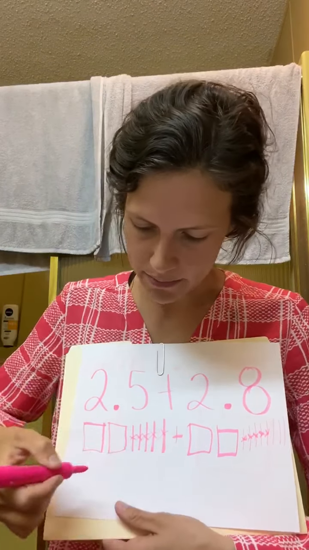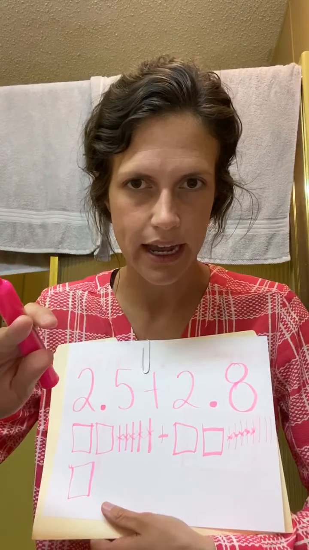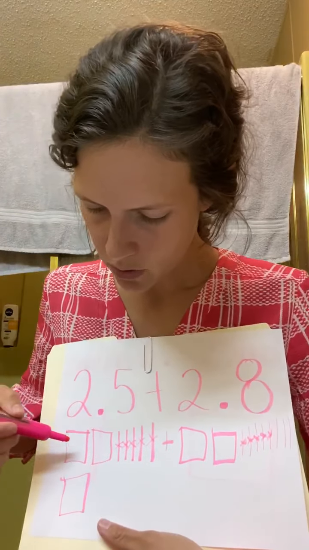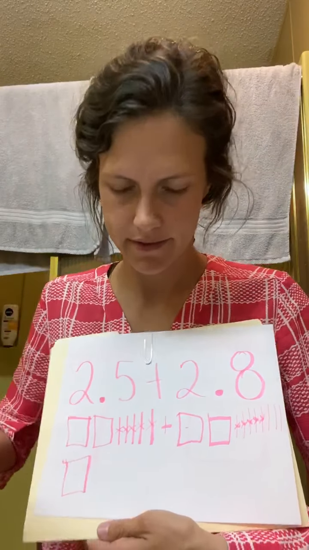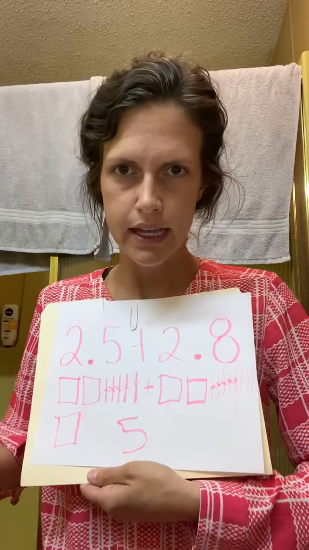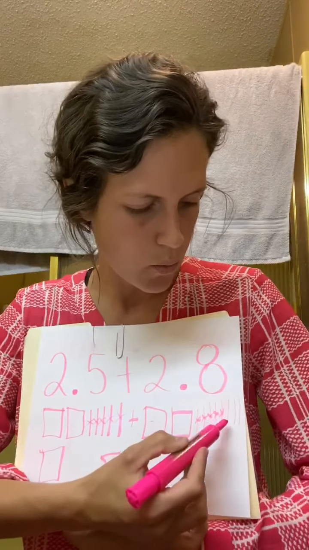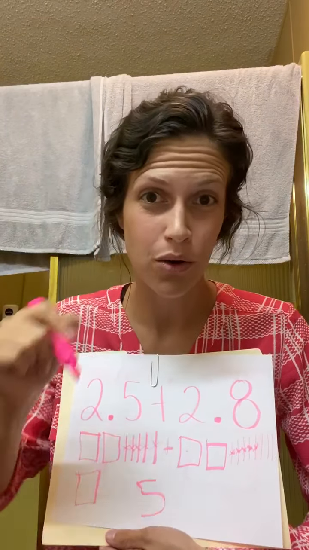So we're going to add a box down here to represent these 10 sticks that we are marking out, right? So let's add up all the boxes now. 1, 2, 3, 4, 5. So we've got 5. Now let's see how many sticks we have left, right? 1, 2, 3. Now we know it takes 10 tenths to make one whole number.